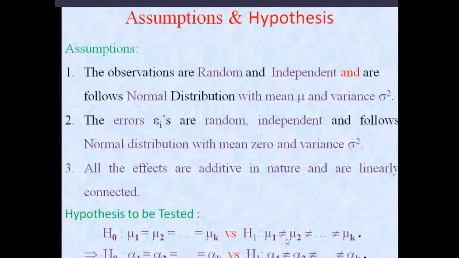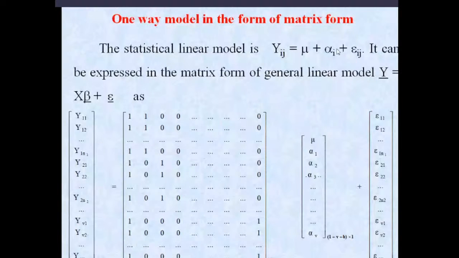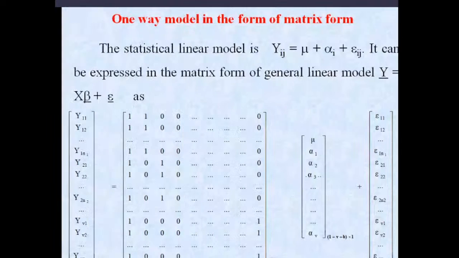Now the model can also be expressed in a matrix form as a general linear model: Y is equal to X beta plus epsilon. So these are the observations, this is the design matrix, this is the vector of the parameters, and this is the vector of the errors.